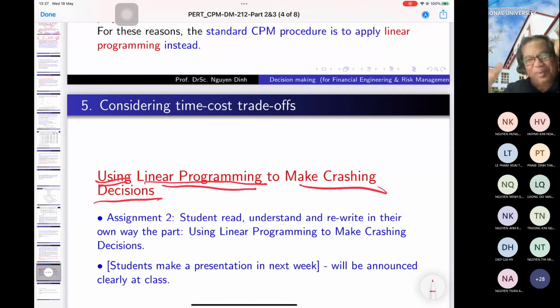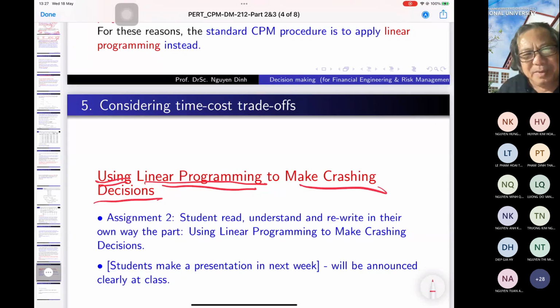That means one problem in decision making, a management problem that we are dealing with through PERT-CPM. One of the sub problems inside it is making a crashing decision.